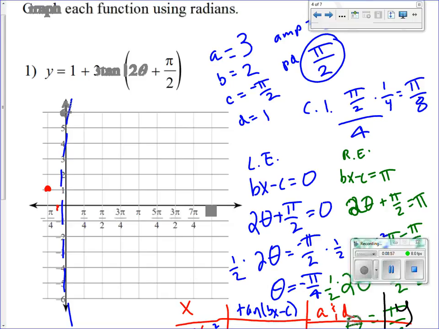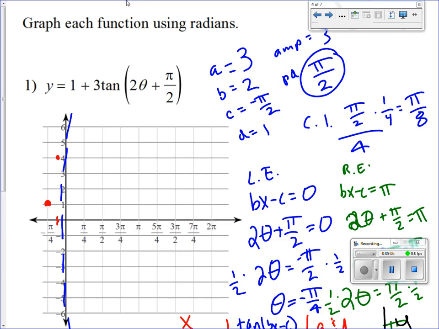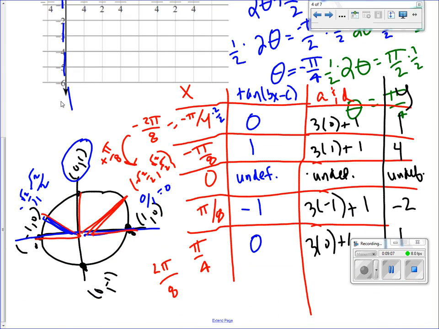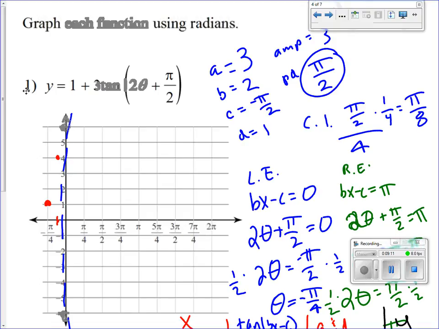So I'm going halfway right there, and I'm going up to 4. And then on the other side of the asymptote, at 1/8, I just got to scroll down so I can see this. I have negative 2, and then at 1/4, I have 1. So that's up at negative 2, and then back up at 1.